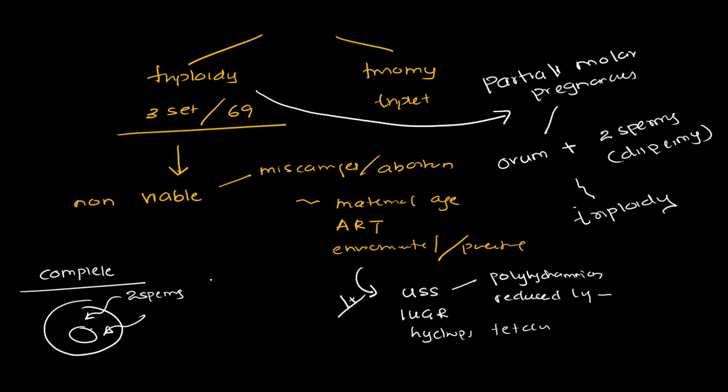There is this unification of two sperms giving a diploid zygote, but this is not viable completely because the sex chromosome is composed of two Ys. Again, not viable, but this condition is known as molar pregnancies.